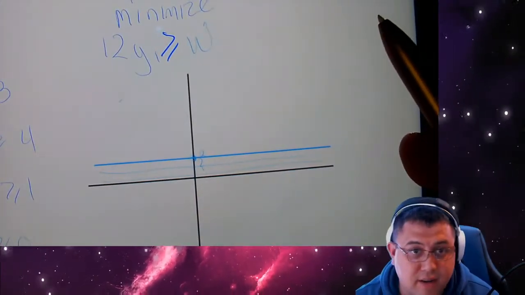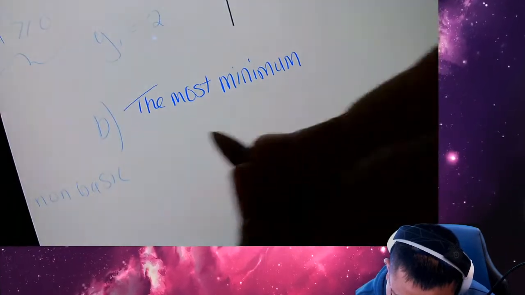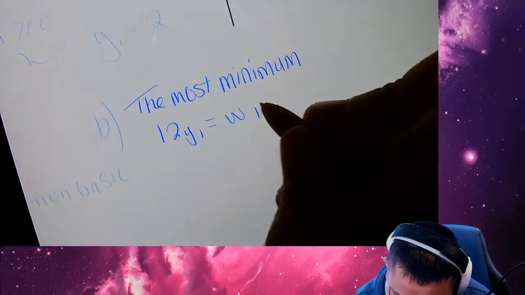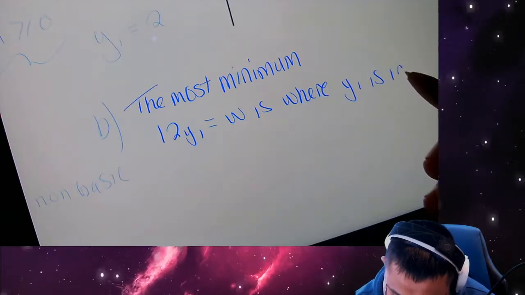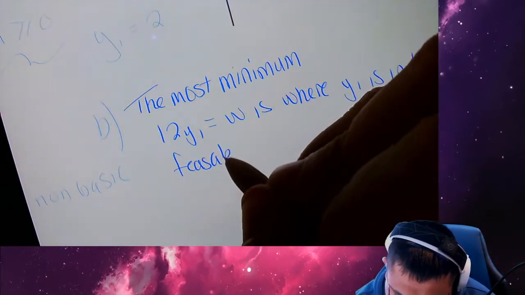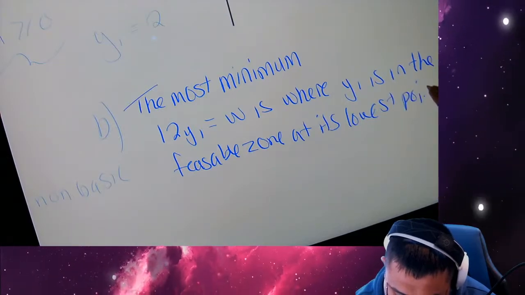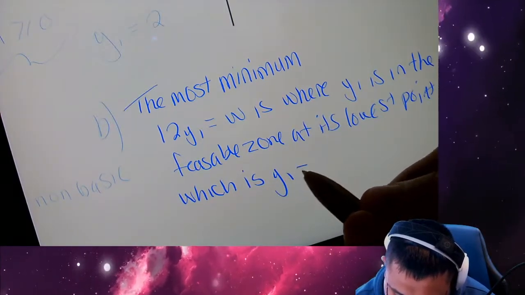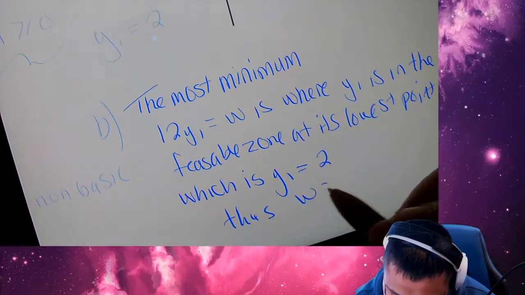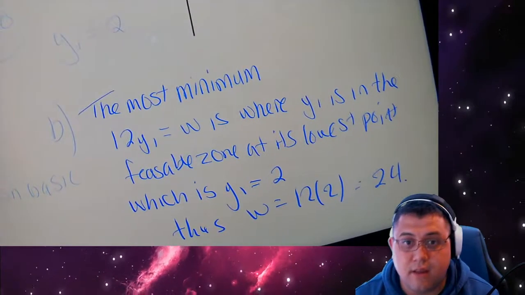Truly, you can actually go higher than W. But the most minimum 12y1 equaling W is where y1 is in the feasible zone at its lowest point, which is 2, which is y1 equaling 2. Thus, w is equal to 12 times 2, which is 24. Okay. Easy solution.